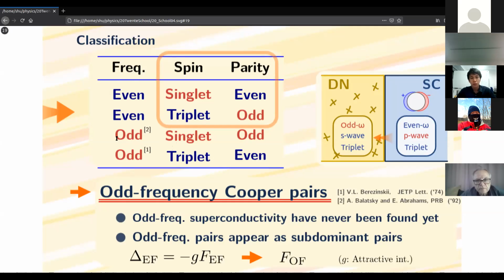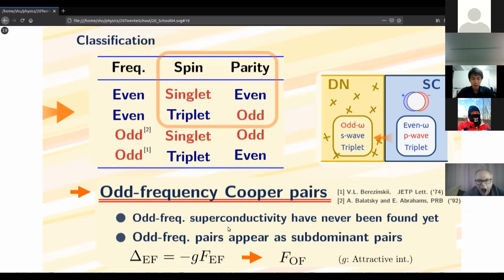They are so-called odd-frequency Cooper pairs. And now we can see that the spin triplet S-wave pairs should be odd-frequency Cooper pairs. And unfortunately, odd-frequency superconductivity has never been found yet.